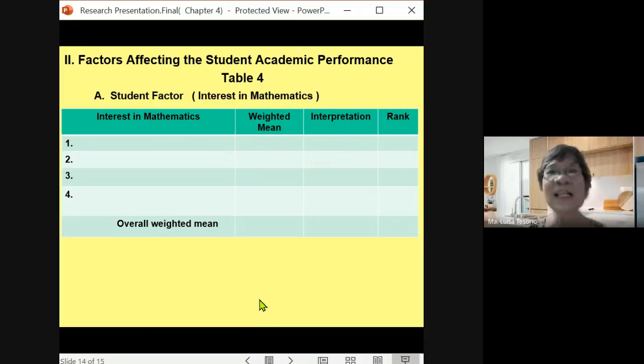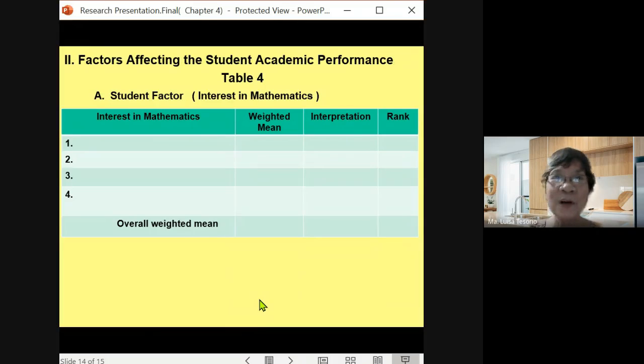You can just limit the students to make your computation shorter to 5 students, and then have as many factors as you can. You can have 5 factors, get the weighted mean, and also the overall weighted mean.